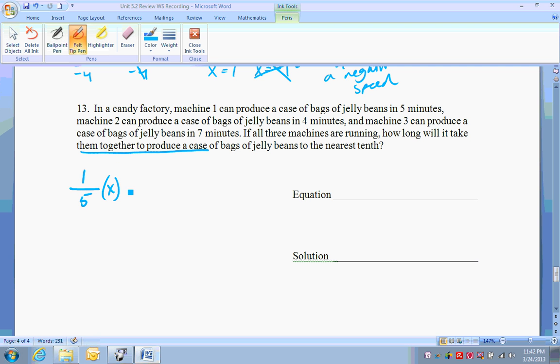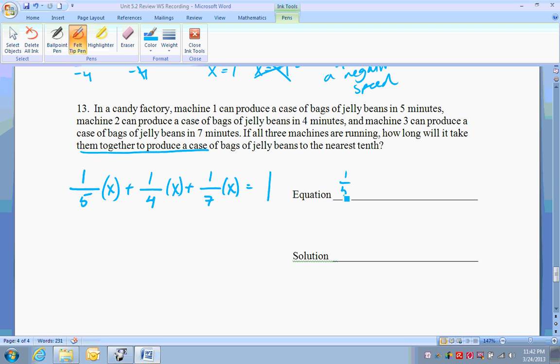So we're going to call that X. Plus the next individual, machine 2, 1 over its time of 4 minutes times the total time, plus 1 over machine 3's time, which is 7, times the total time, equals 1. Because remember, they're completing one job. So now that is our equation.